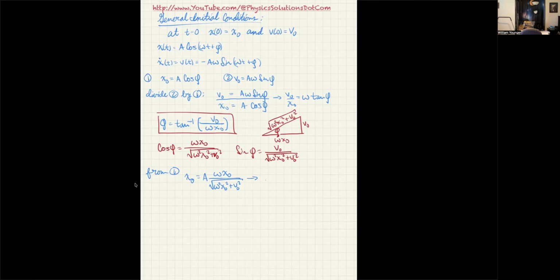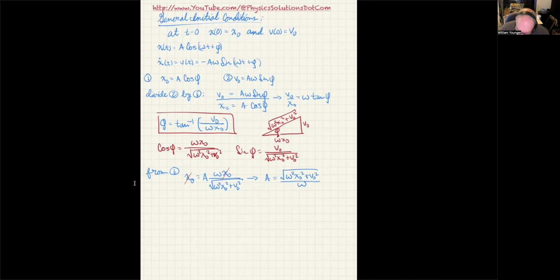And that gives us that A, notice the x0s actually cancel out, leaving a 1. And we could say A is going to be equal to specifically the square root of omega squared x0 squared plus v0 squared, all of that divided by basically just omega.